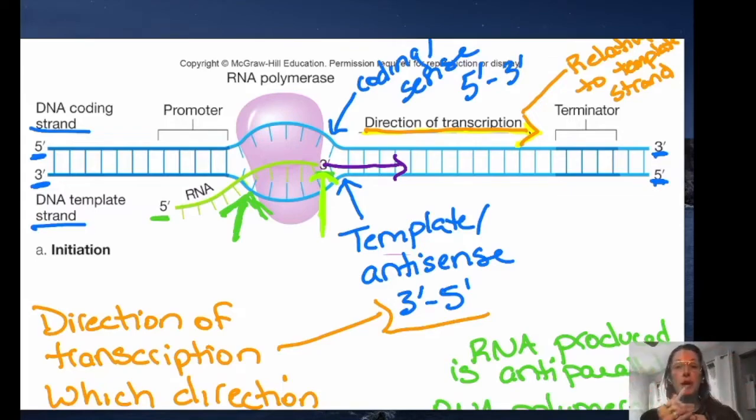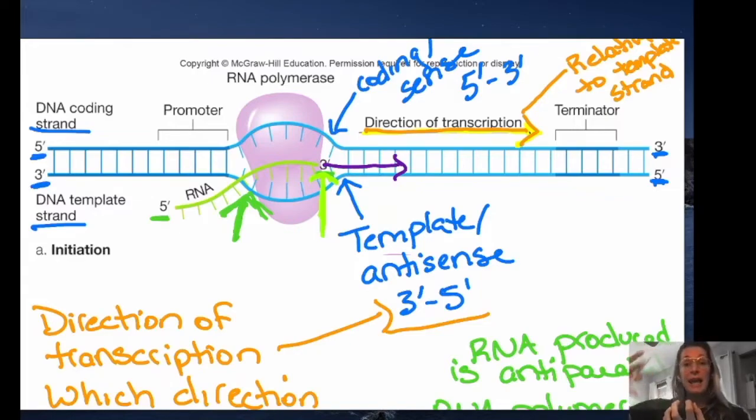So when we're thinking about the RNA polymerase, it is extending or growing that strand on the 3' end of the RNA, while it's moving 3' to 5' on the DNA. So think of it as sort of like clamped onto the DNA and ratcheting down. And the direction that it's ratcheting is toward the 5'.